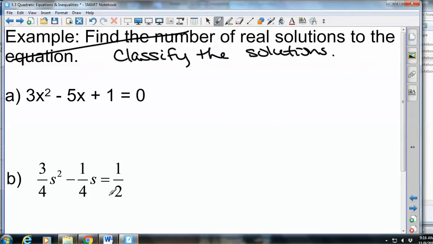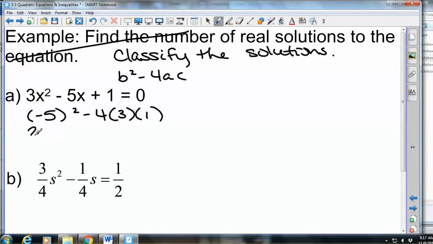So when I'm looking at this, I could do the full quadratic. I could realize if I just care about the solutions and classifying them, all I need is the portion under the radical. So we just need to find b squared minus 4ac. So that'd be negative 5 squared minus 4 times 3 times 1. And so my discriminant is 13.